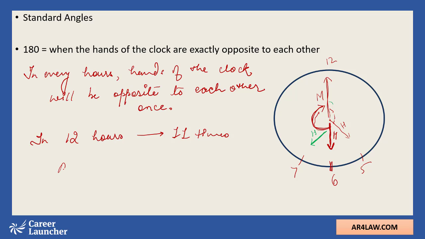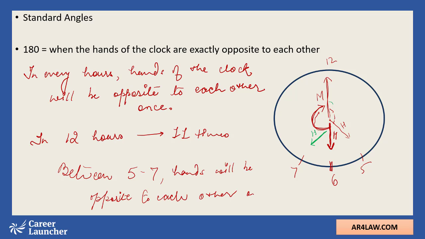So that's an exception hour, that between 5 to 7, the hands will be opposite to each other only once at exactly 6 o'clock. So in 24 hours, the hands will be in opposite directions 22 times.